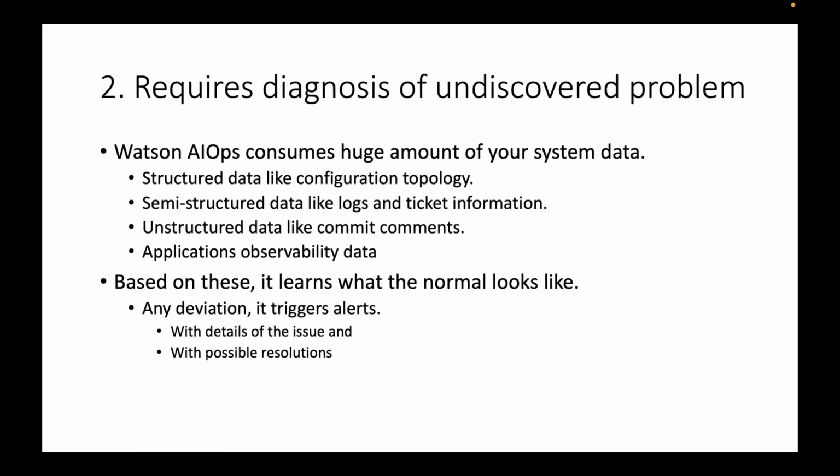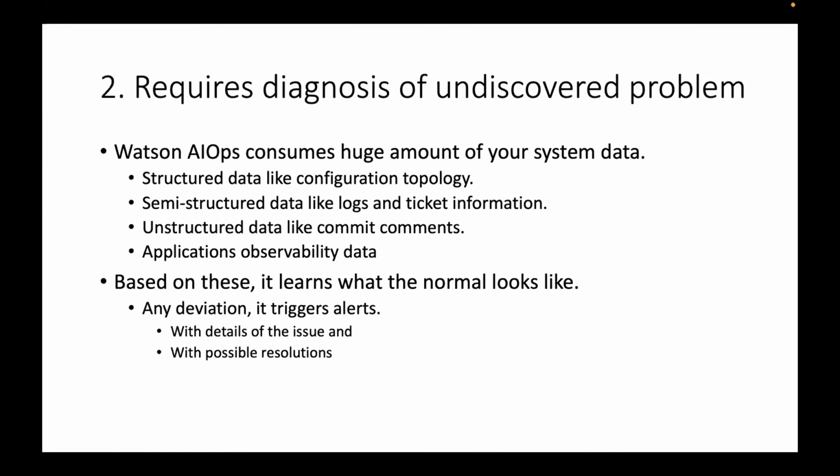But most of the time we don't come across such kinds of issues. There are always critical issues, or severity 1 issues, which are basically undiscovered problems. It's a totally new issue. So Watson makes use of the data, as I said.